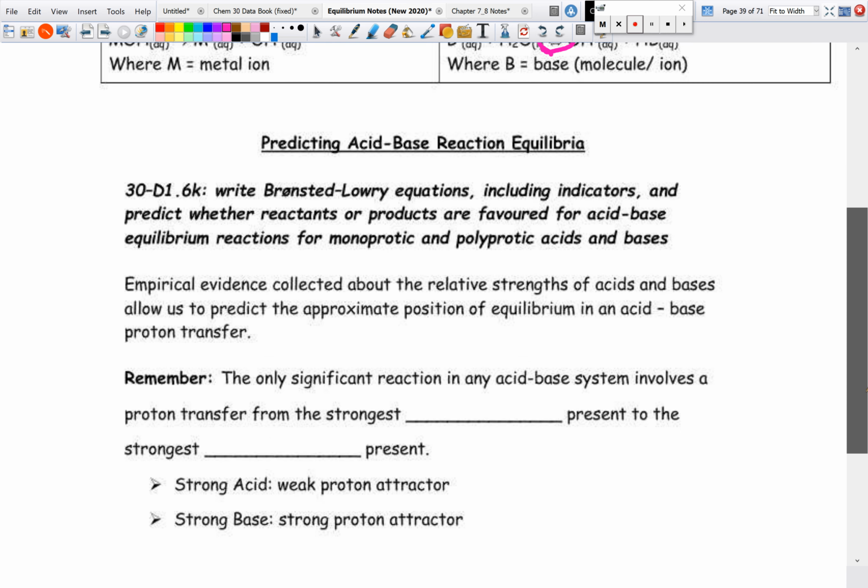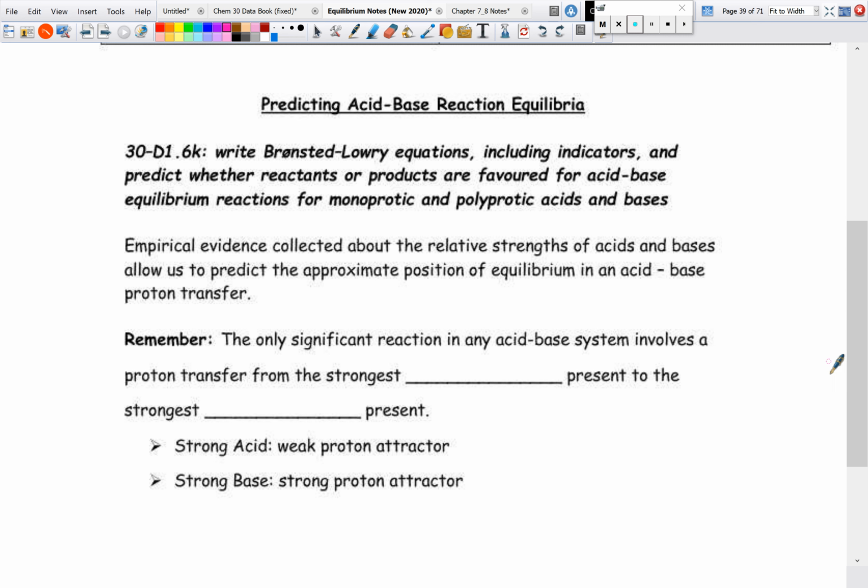The reason we want to do that is this is going to tie into predicting acid-base equilibria reactions, specifically when we're writing out entities in solution. So just remember, the only significant reaction in an acid-base equilibrium involves the proton transfer, which is just H+, from the strongest acid present to the strongest base.